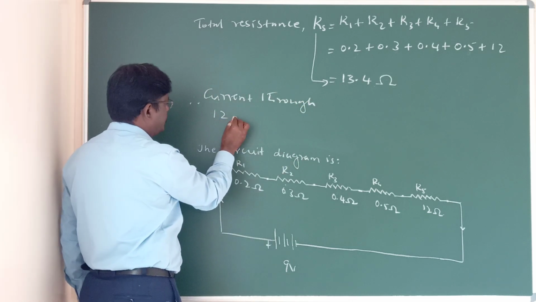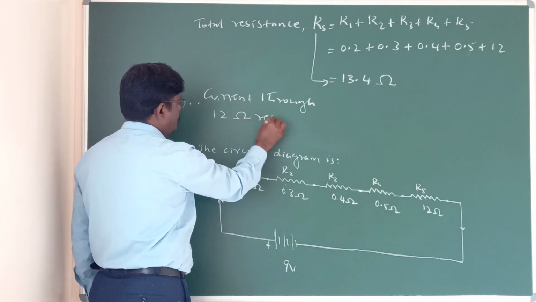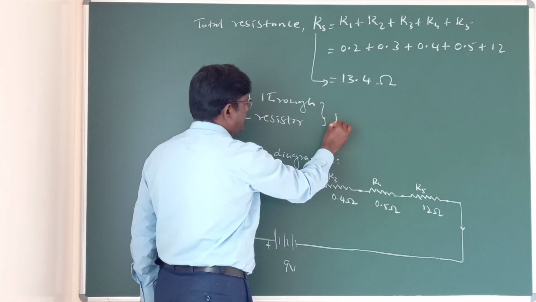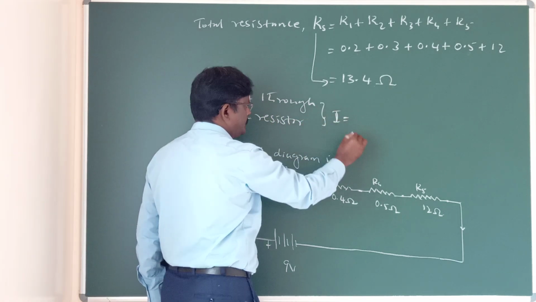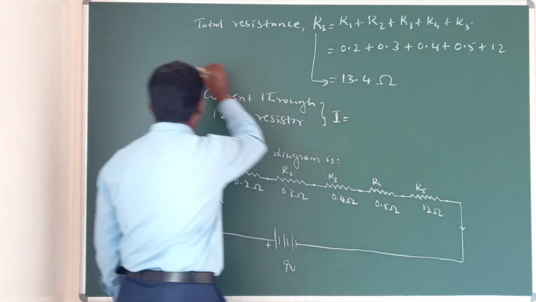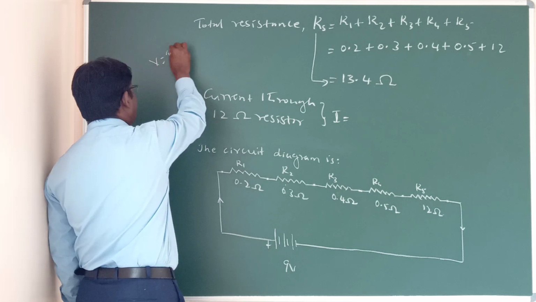Therefore, children, current through 12 ohm resistor, I equal to, if you have any confusion, Ohm's law we know V equal to IR.